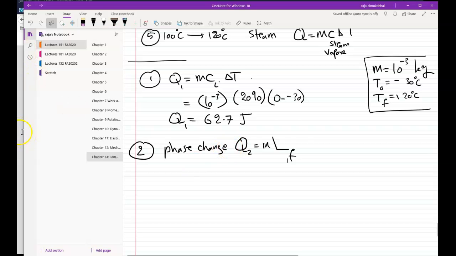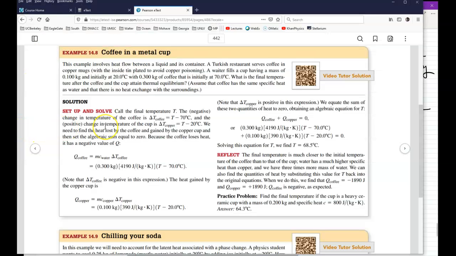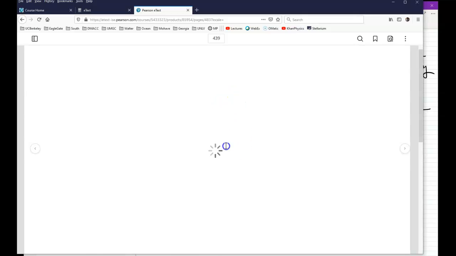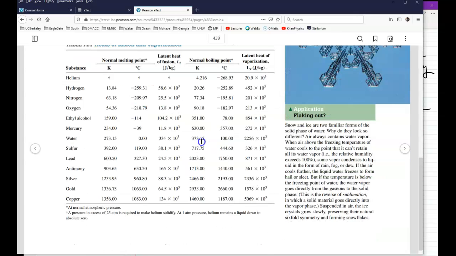So let me go back to the table. Let me just show you at least one of them. It is on page 39. And that's from ice to ice. So maybe it's not there. And because this problem is outside the book, maybe I don't have ice here.